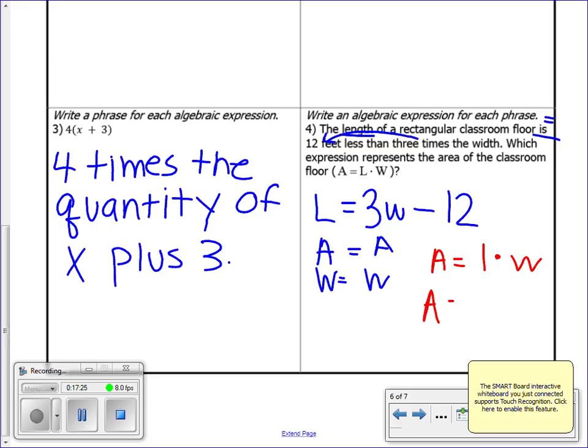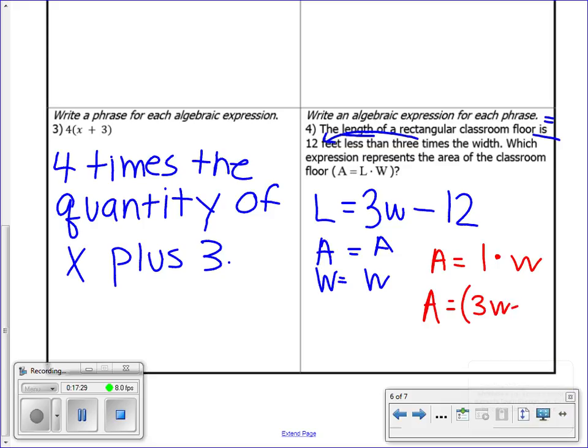A equals, instead of L, I'm plugging in 3W minus 12 times W. And if you know how to distribute, you can distribute this W. A equals 3W squared minus 12W.